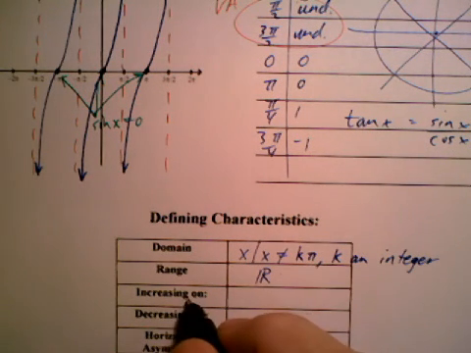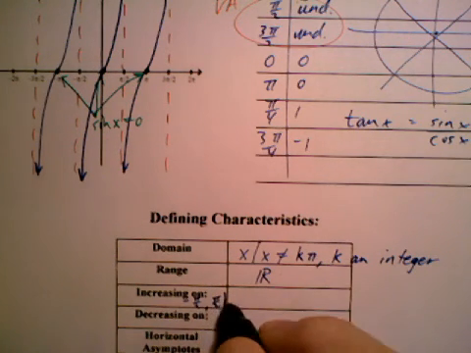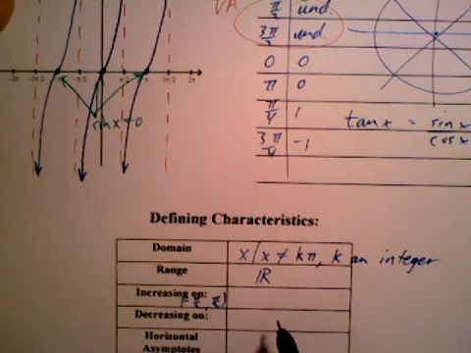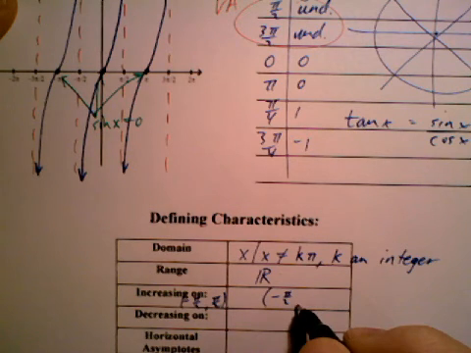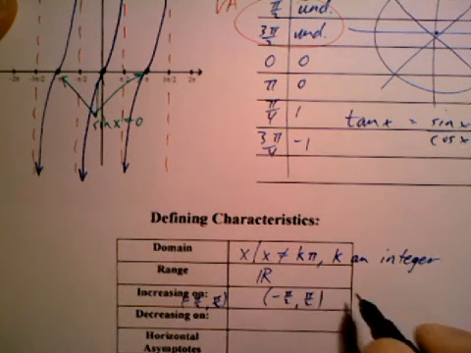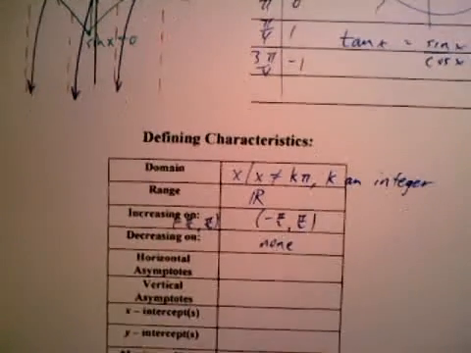Increasing. So increasing over one period, we're going to go from negative pi over 2 to pi over 2, and it's increasing over the entire part of that domain. So from negative pi over 2 to pi over 2, the tangent function is increasing. By the way, the tangent function is never decreasing.